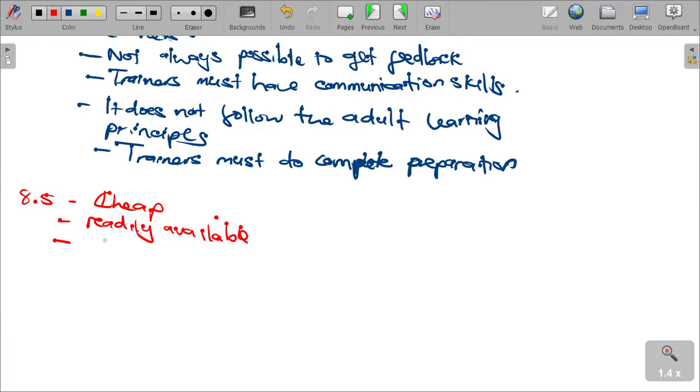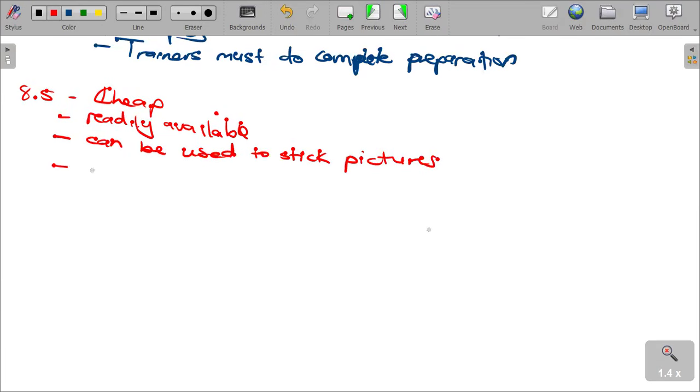Flip charts can be used to stick pictures. They can also be used throughout the learning process.